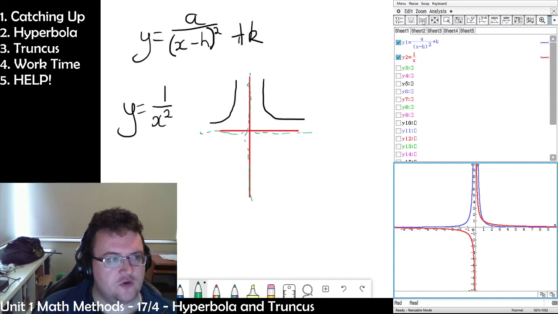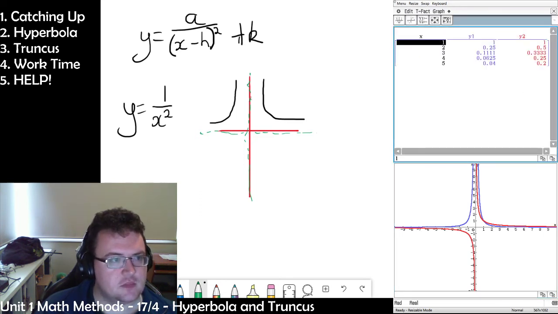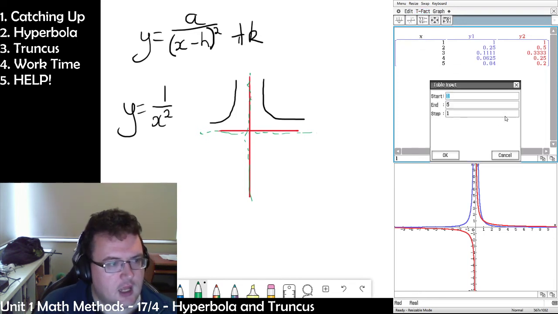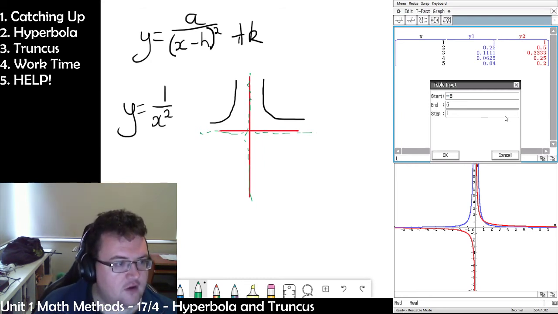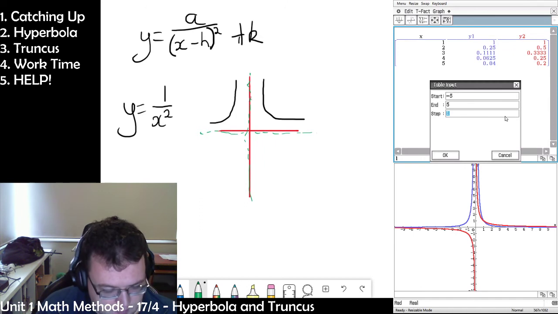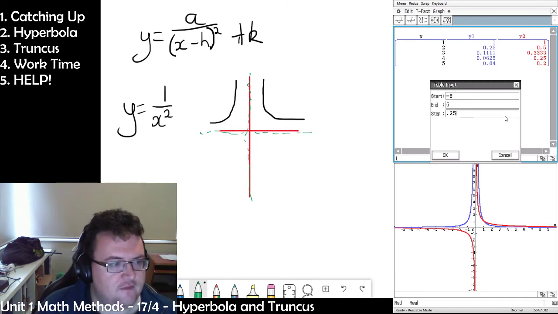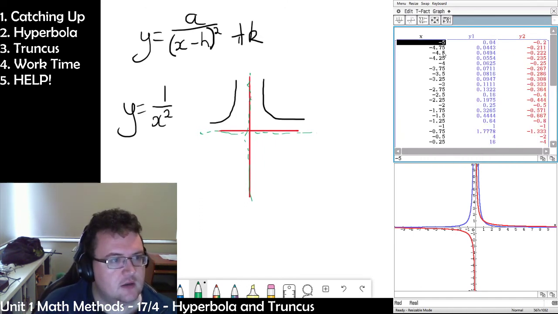So if you go to the table function, we set up our table, start at -5, go to 5, and go in 0.25 steps. All right.